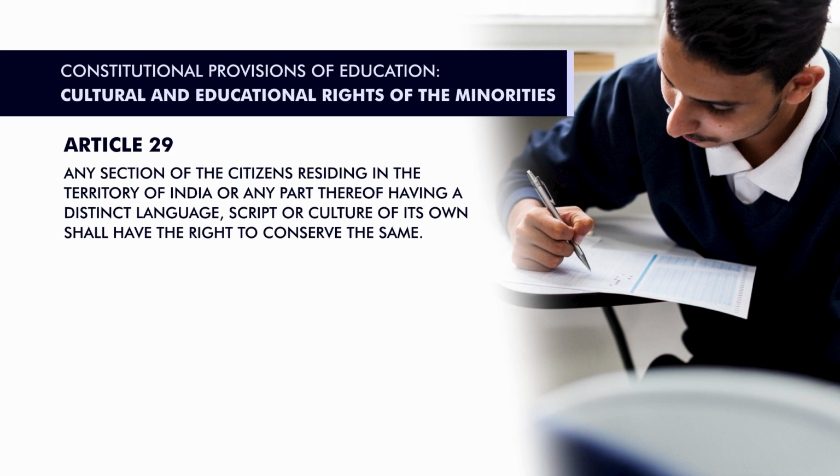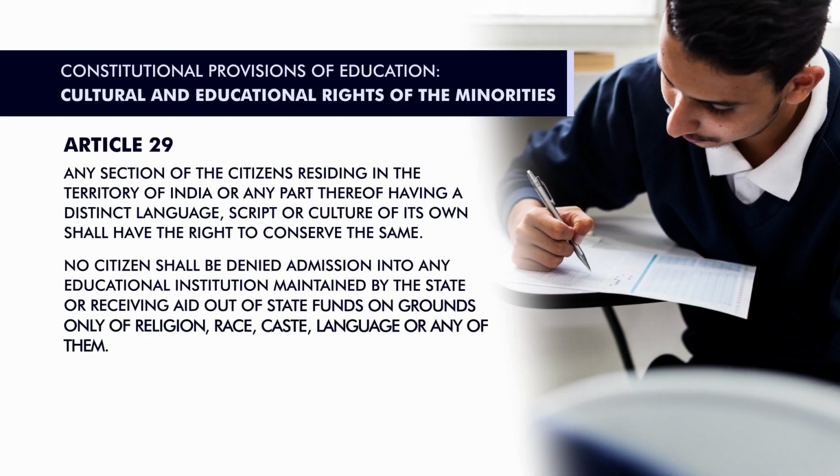Try to understand: the language that the citizen practices, the script, the culture that the citizen practices, it is their right. Our Constitution in Article 29 has given citizens the right to preserve and conserve their culture, their language and their script.